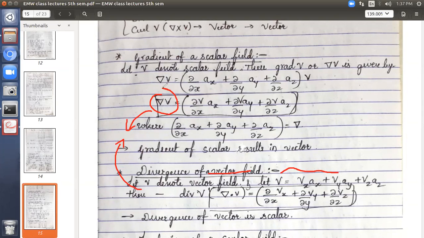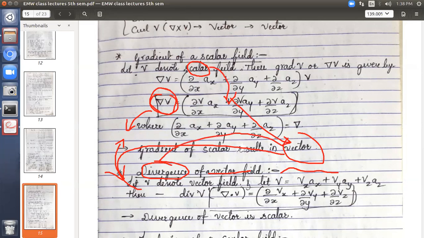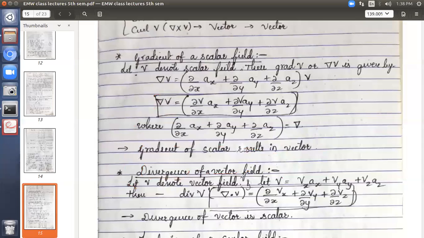Because whatever answer we get here, it is a vector quantity, and for this vector, we will apply the divergence. Condition for divergence is what? It should be a vector. But when we are operating on scalar initially, for gradient, we finally get the answer as a vector. So for this vector, we will apply divergence. So these two, gradient and divergence concept, when we club together, we will get Laplacian.